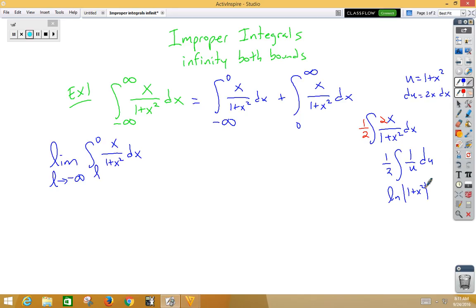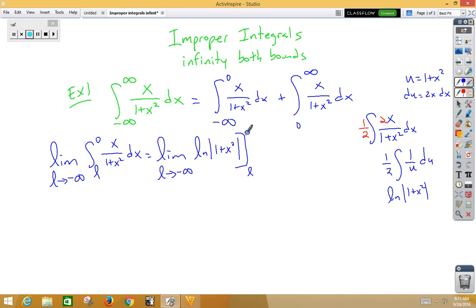So now let's come back over here, and we've got the limit as L approaches negative infinity of the natural log of the absolute value of 1 plus x squared, from L to 0.